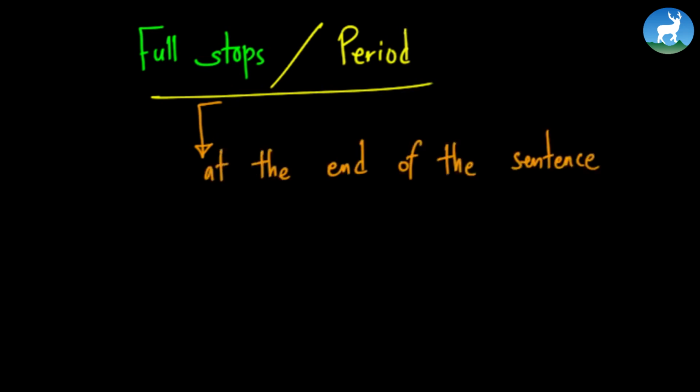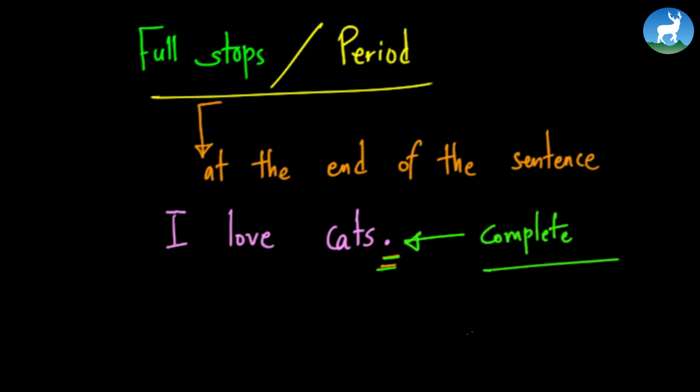For example, we can write, I love cats. When the sentence is complete, we have to put the full stop. That denotes that this sentence is now complete.